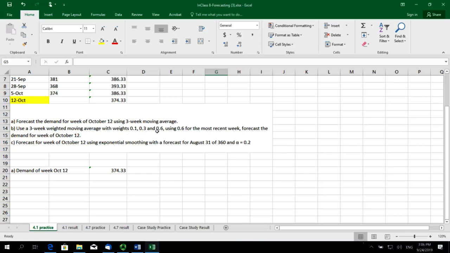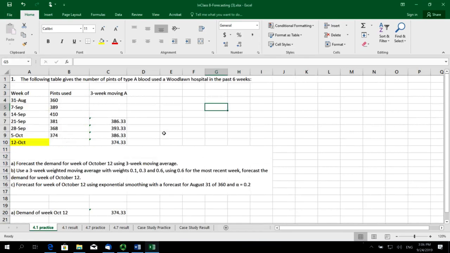The second problem is to use a 3-week weighted moving average, with 0.1, 0.3, 0.6 as the weights. Here, this one we want to use is the weighted moving average.